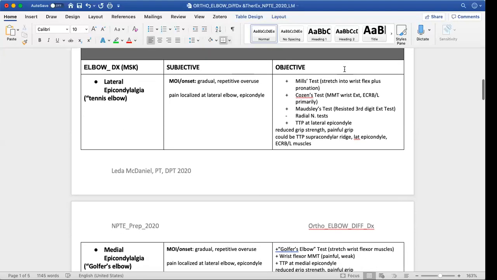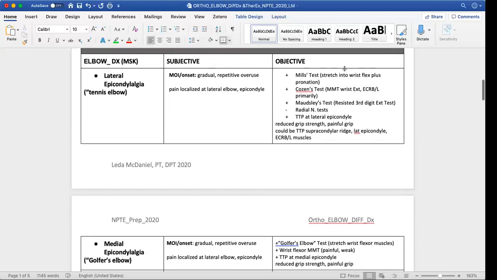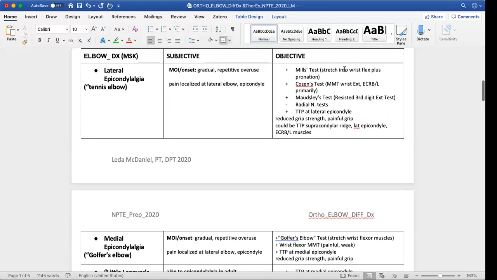All right, so moving into these specific diagnoses, the first two are going to be in that category of tendinopathy. So lateral epicondylalgia, the colloquial term for this would be tennis elbow. And this is going to be, again, that repetitive overuse injury. Pain is going to be localized to the lateral epicondyle usually.